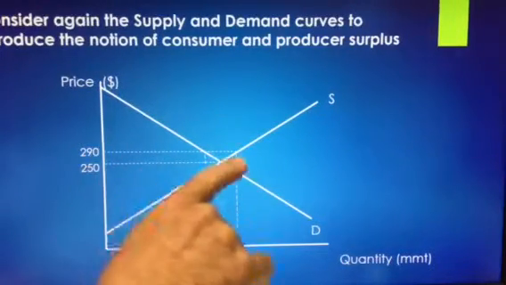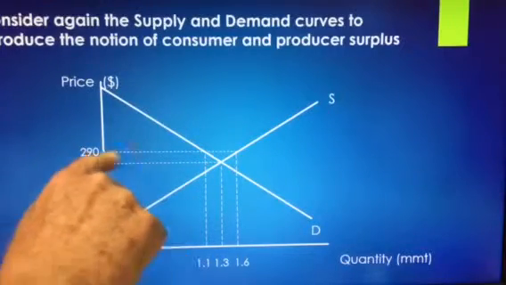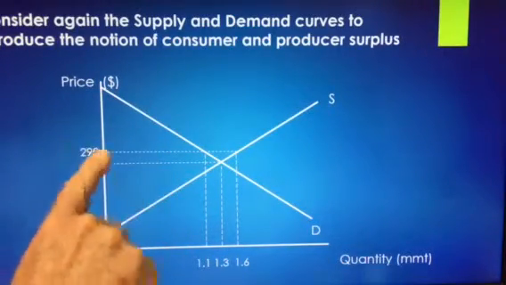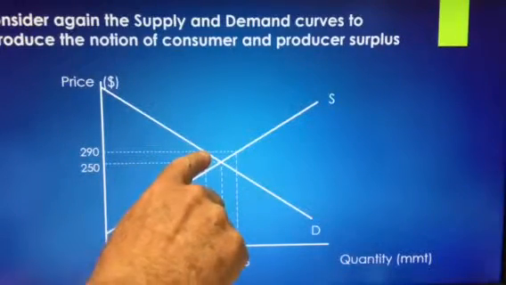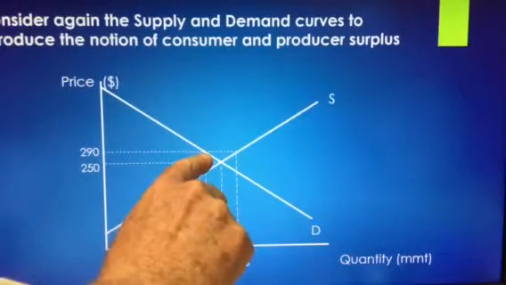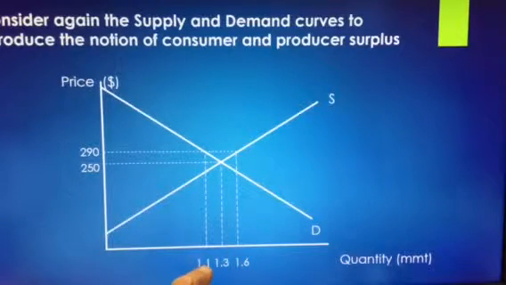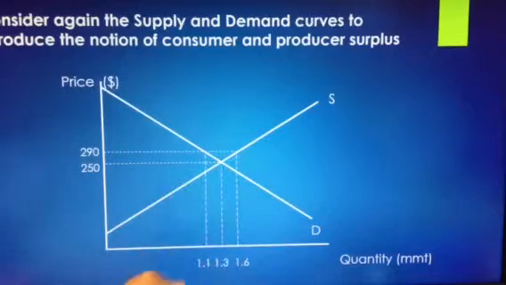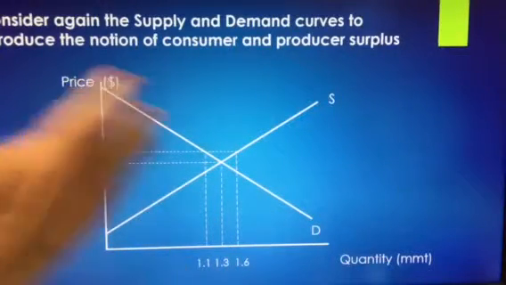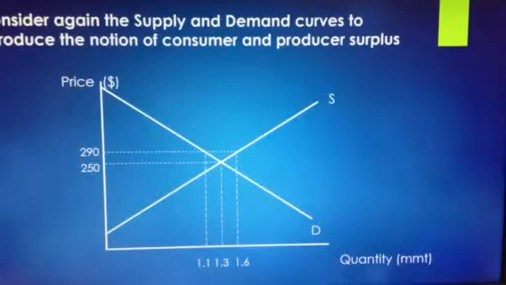But notice how we represent this. If the price, 290, is higher than the market clearing price, then only 1.1 million metric tons will be demanded, yet 1.6 million metric tons will be supplied. In other words, suppliers will say, wow, at that price I'm going to produce and sell more sorghum.